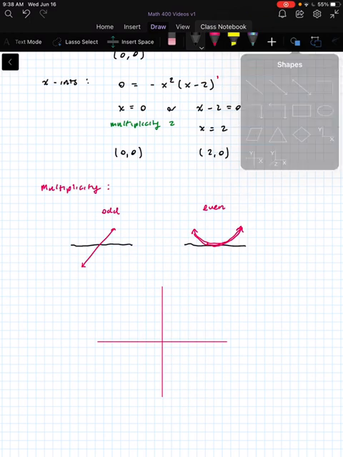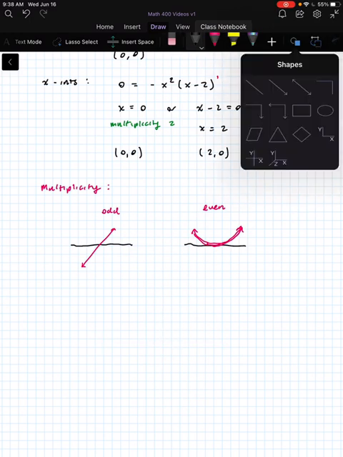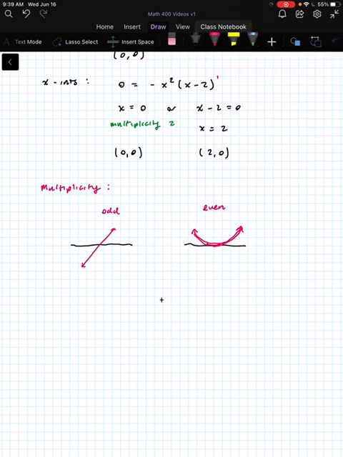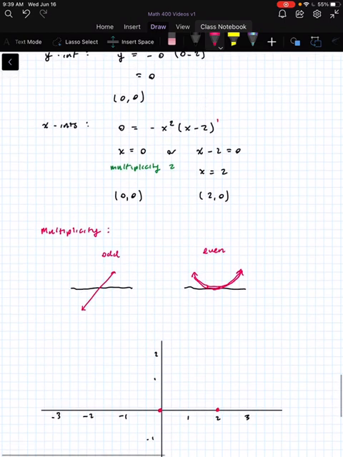So remember, we want to find the graph of this polynomial function. We know it passes through the point (0, 0), and we know it passes through the point (2, 0).